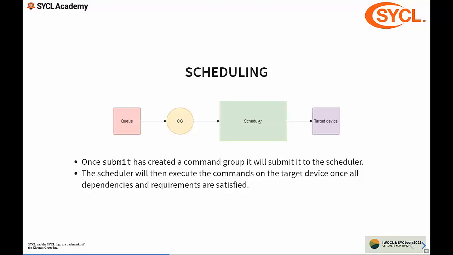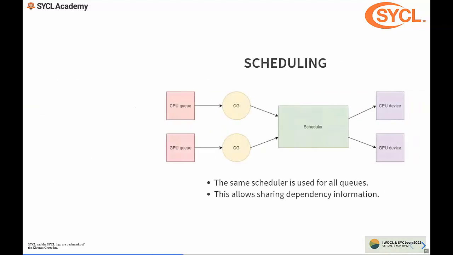There is actually a graph which is built under the hood, and the more submit operations you are doing to the queue, the more nodes are added to this graph, and then the scheduler schedules the execution of device code based on dependencies between nodes of this graph.